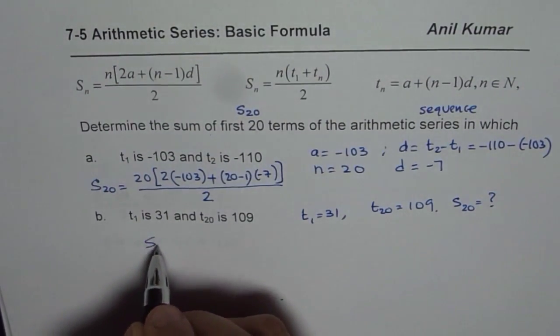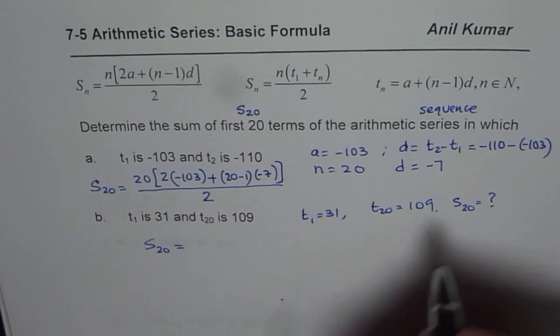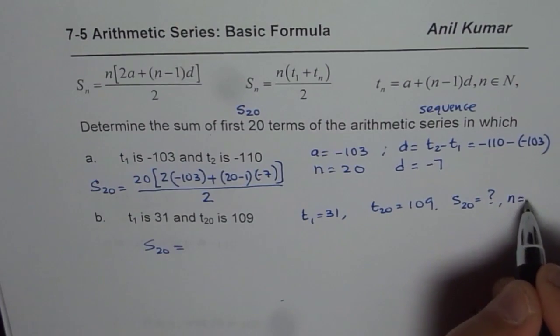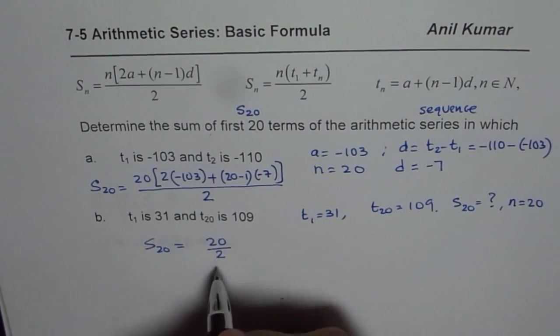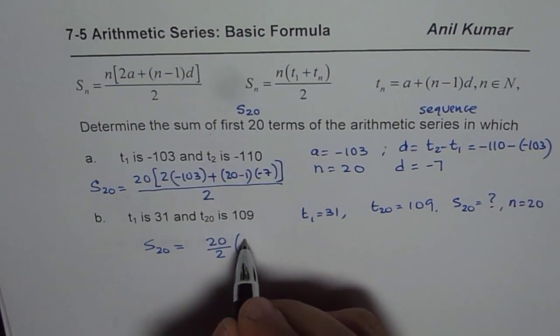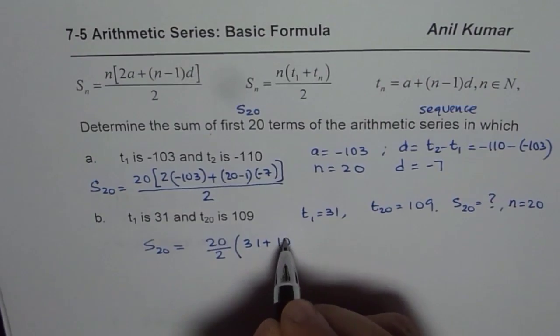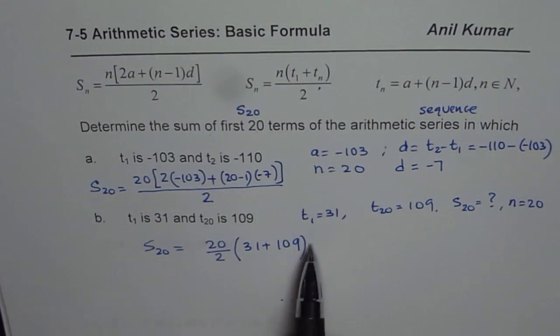S of 20 is equal to, the number of terms n is 20, so 20 divided by 2, and then add them up, right? So we have 31 plus 109. Using this formula, correct? So add them up, multiply by 10 and get your answer.